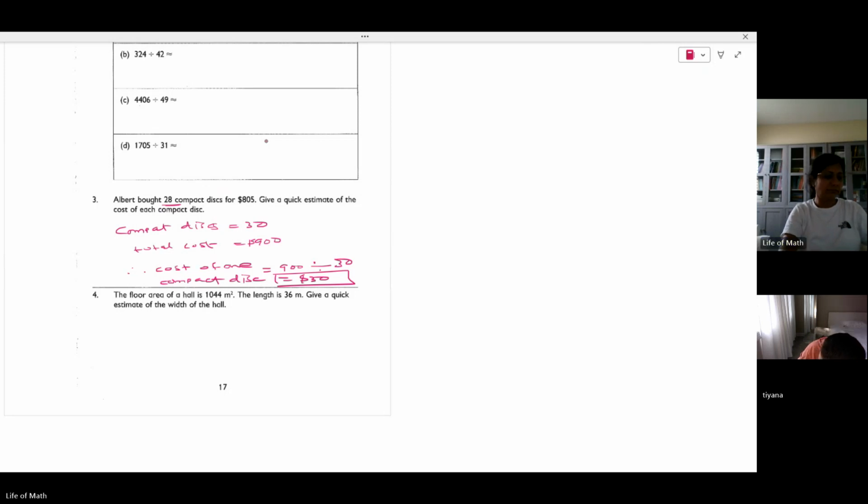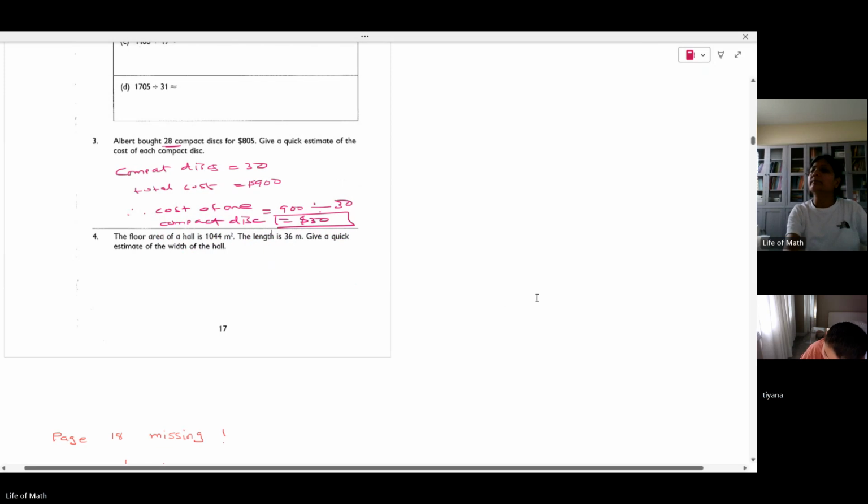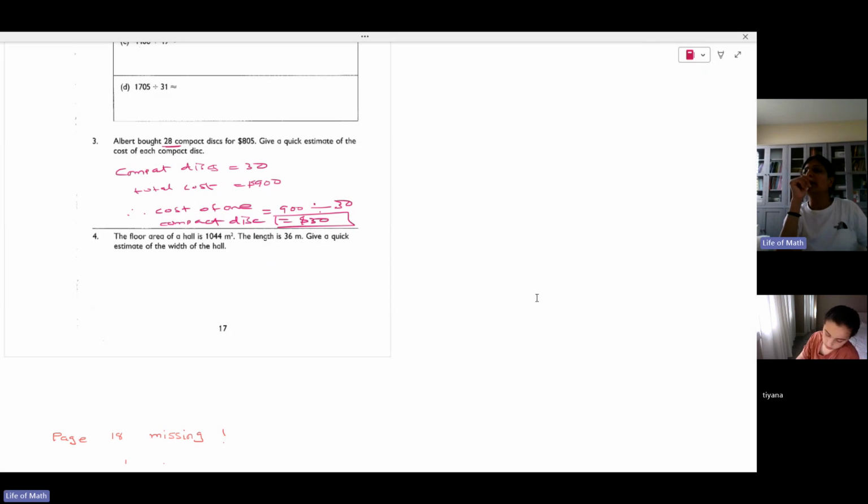Questions? Nope. I just need to do one thing. Number 4. The floor area of a hall is 1,400 meters squared. The length is 36 meters. Give a quick estimate for the width.